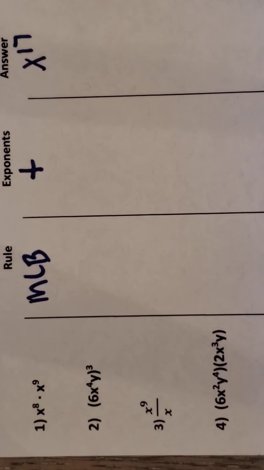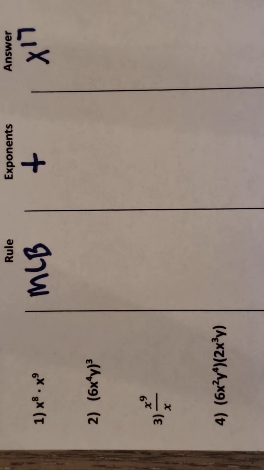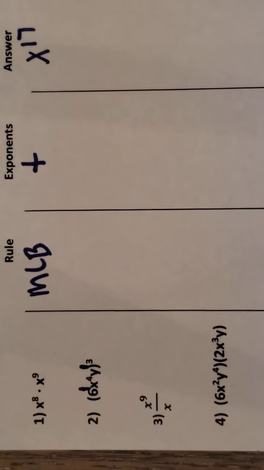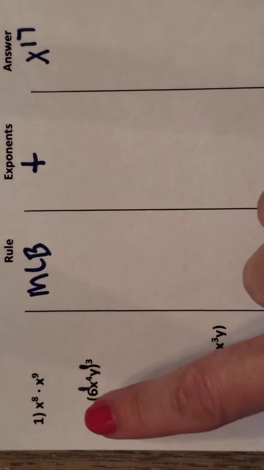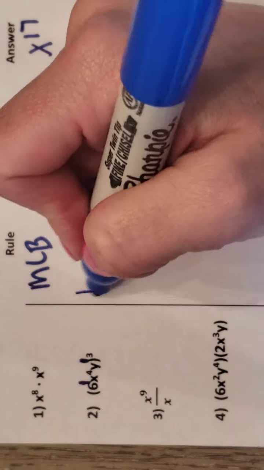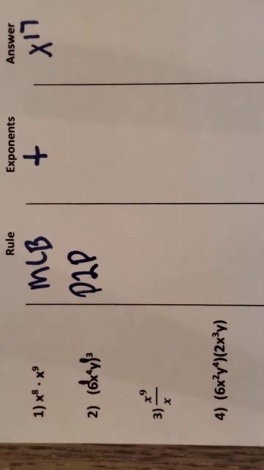Now, number 2, you say to yourself, is there parentheses with an exponent on the outside of it? Yes, there is. So the next thing you have to say is, do I need to add ones? Yes, I do. Your constant needs the 1, and your y needs the 1. Since we have parentheses with an exponent, we know the rule is P2P, power to power.